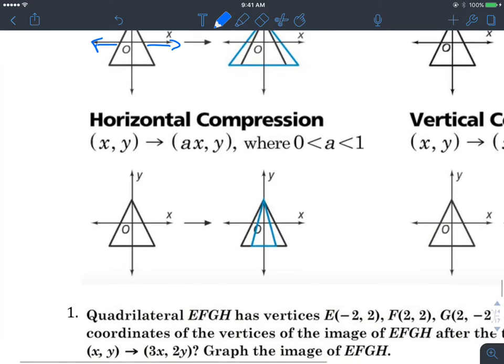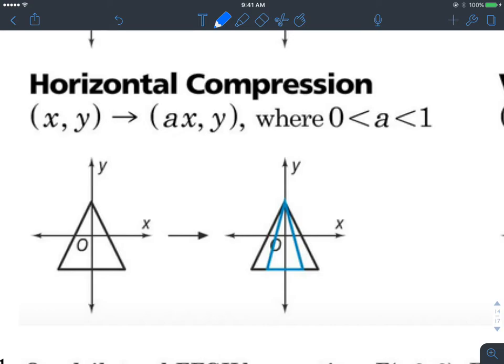You can also do a horizontal compression, which means the number that you're multiplying by is maybe like half or something like that. So that's where you push in the sides, and it makes it look a little bit flat or narrower, and not as wide. So here's what that triangle would look like, highlighted there in blue.